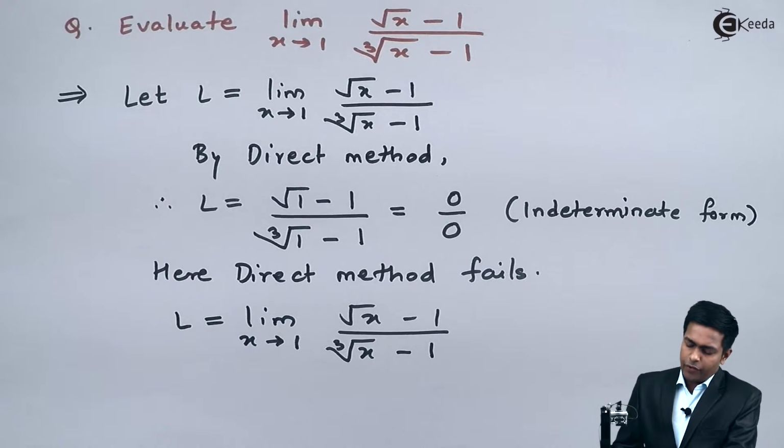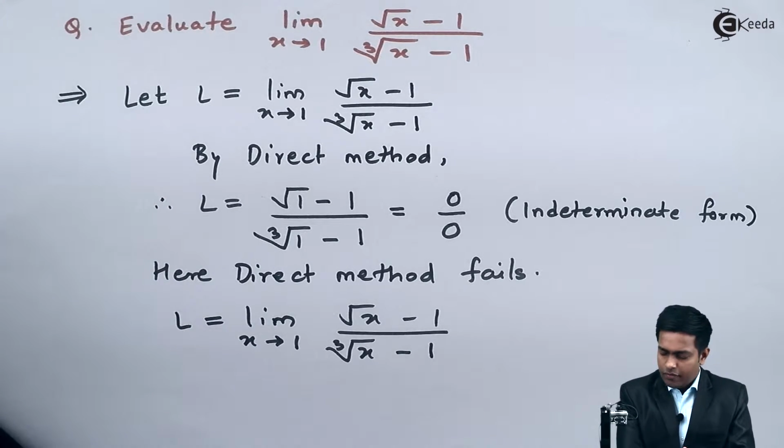Now if you see the numerator, we have a square root of x, and in the denominator we have the cube root of x. Due to this square root and cube root, we cannot find the factors. But if we do a particular type of substitution, then definitely we can find the factors.